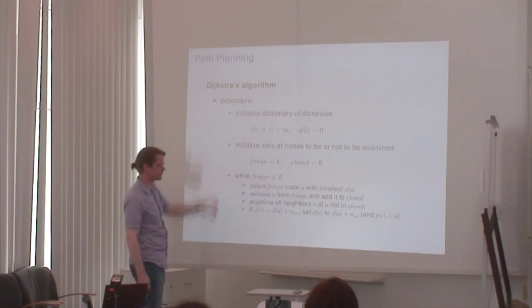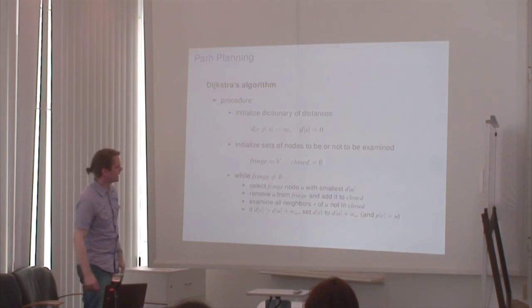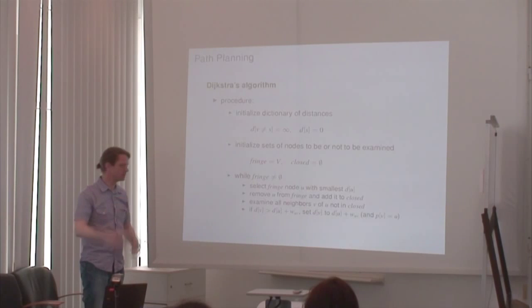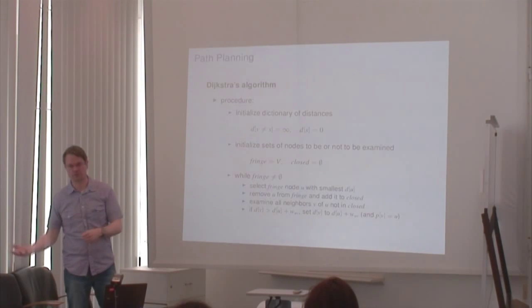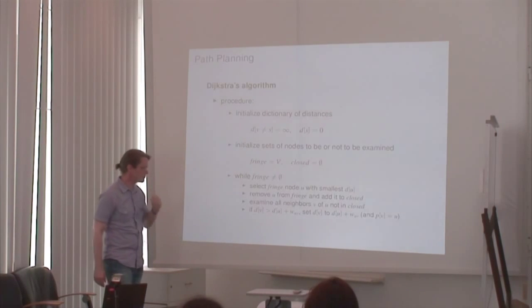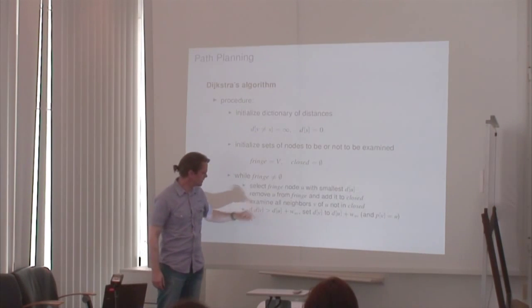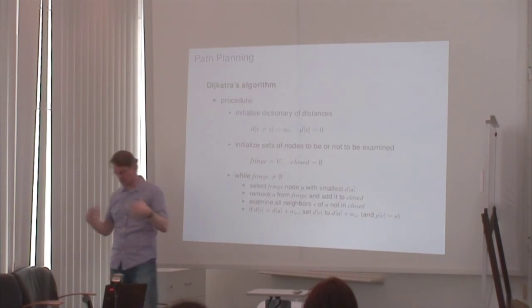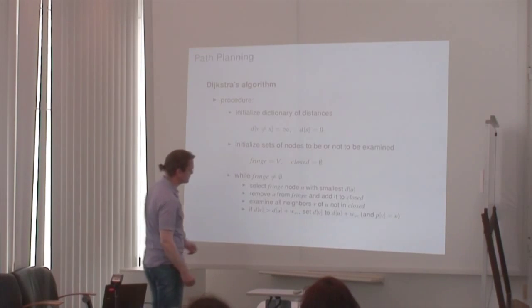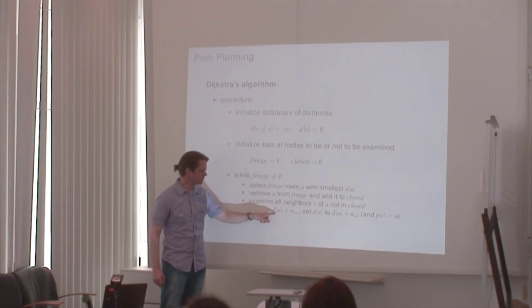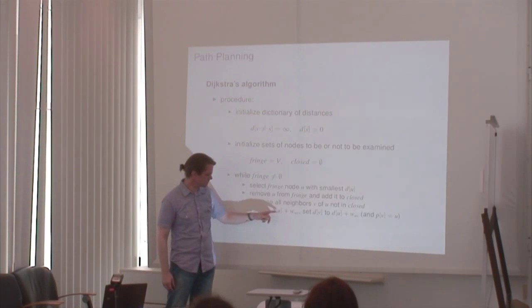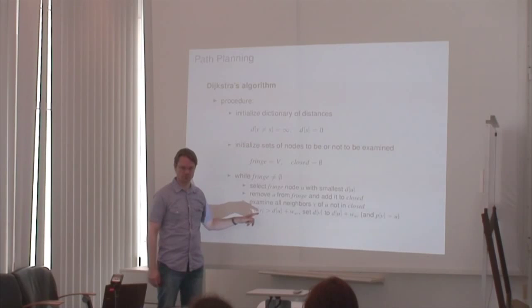We remove this node from the fringe, add it to the closed list, and examine all neighbors of the correctly selected node, unless they are in the closed set. All the neighbors that are not closed yet will be examined, and we simply see if their previous distance value exceeds the distance assigned to the node u, which we have selected for expansion, plus the distance from u to the selected node v.